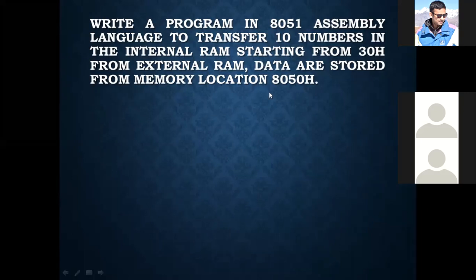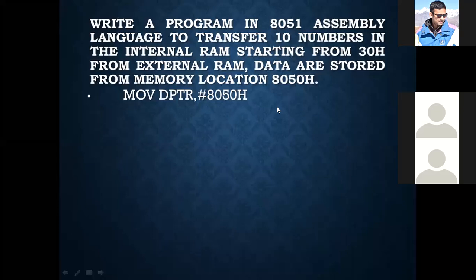Very good. So the first one is MOV DPTR, #8050H, because this is the only 16-bit register available in the 8051 microcontroller. So DPTR is loaded with 8050H.